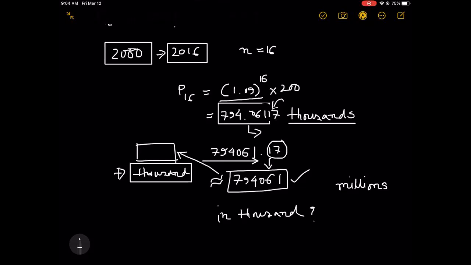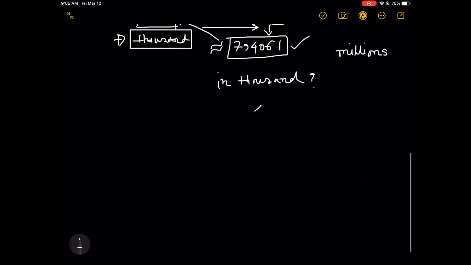D says, when does this model predict Tacoma's population to exceed 400,000? Now you can see the question itself says the population has to be 400,000, right? That's what I was talking about. The question might have it for you in units.